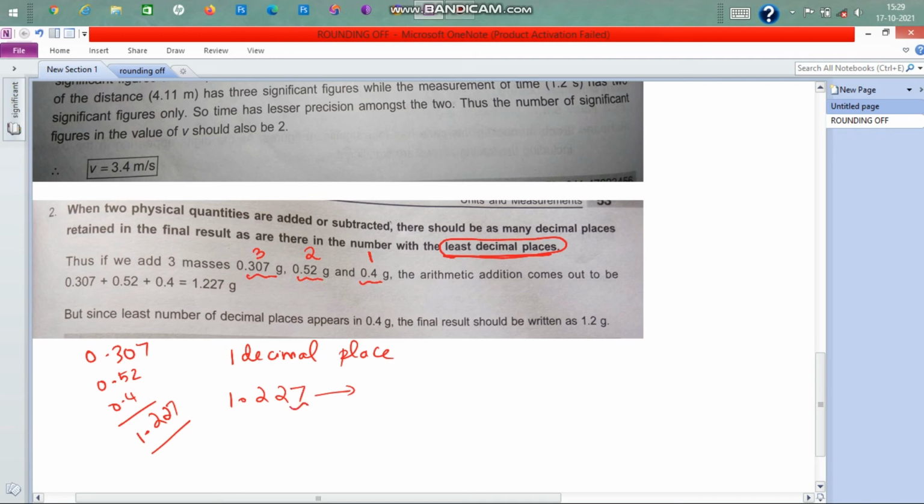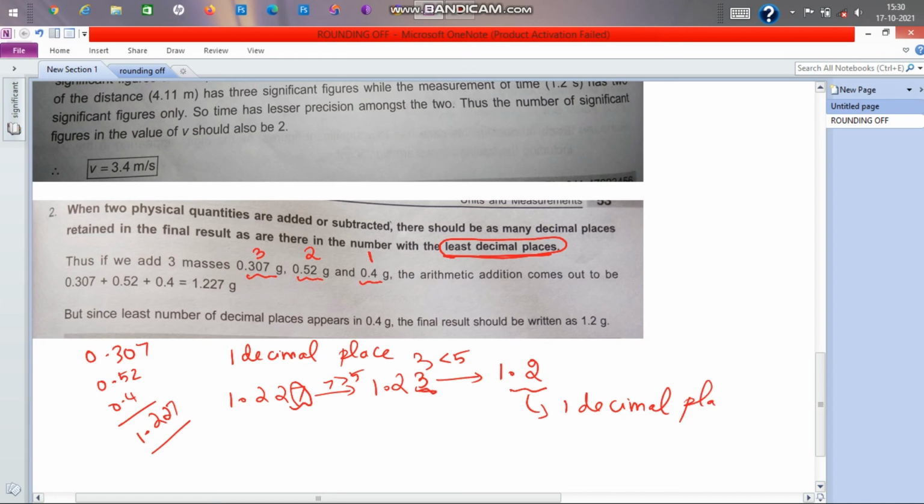First let us drop the digit 7. Since 7 is greater than 5, the preceding digit is raised by 1. Next, we drop 3. Since 3 is less than 5, the preceding digit should be left unchanged, and this number has only 1 decimal place. In this way you want to do.